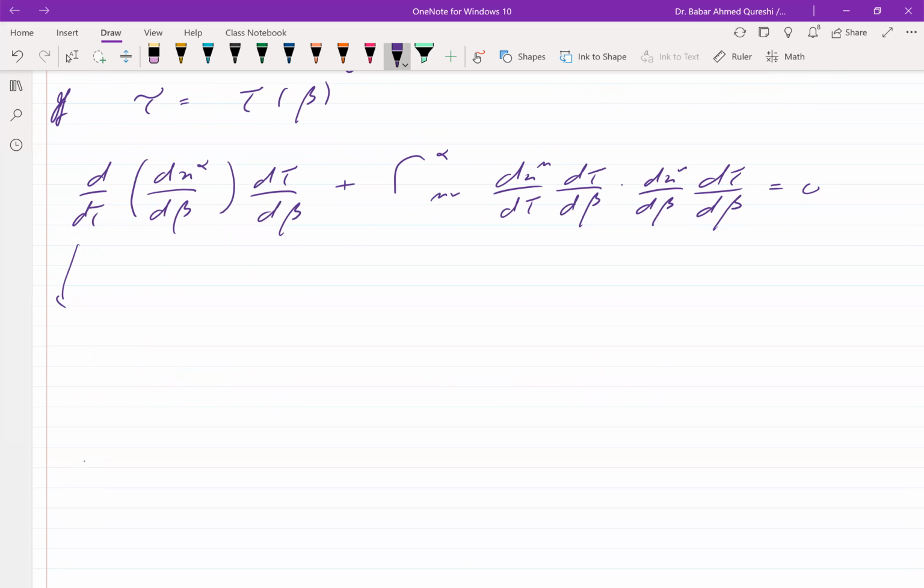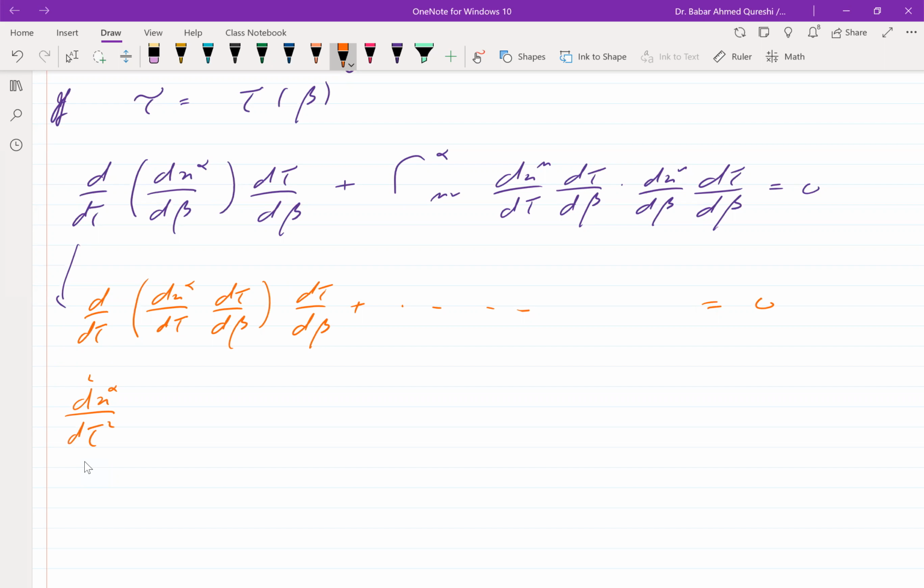So this guy becomes the same as before. When I open it up, I have dx^alpha over d tau squared times this guy, and they're just multiplied, but I have the other term, dx^alpha over d tau and d2 tau over d tau d beta, but using the chain rule, I can change it to this.